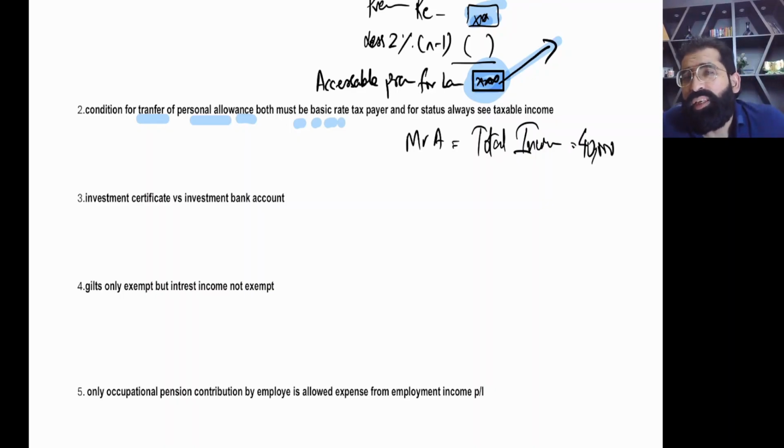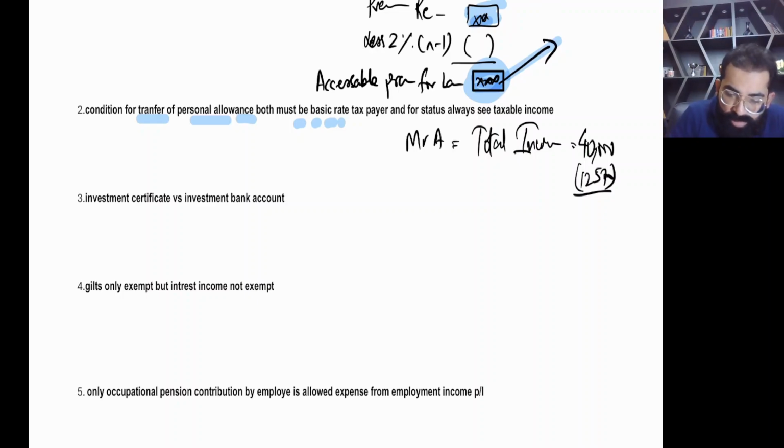But if you deduct personal allowance 12570 from this number, then obviously the number will be like 27,000 or 28,000 something. So yes, taxable income is less than 37,700. So always check the taxable income in order to check the status of the taxpayer.